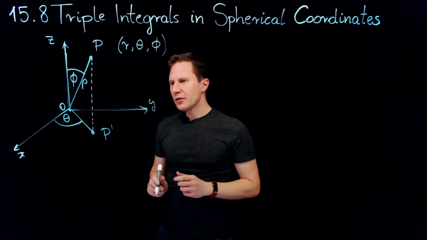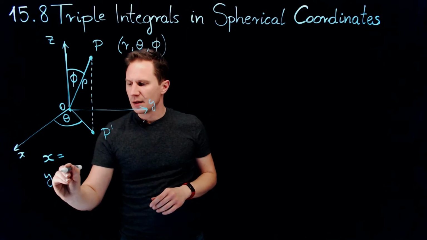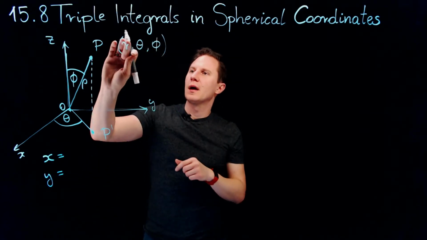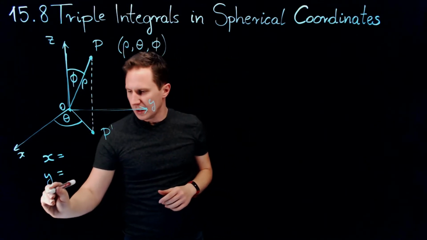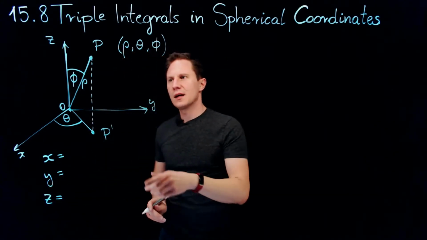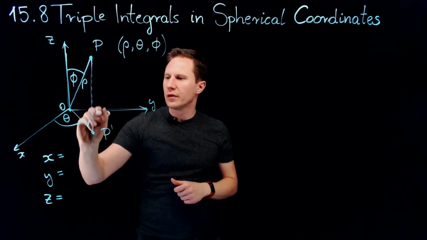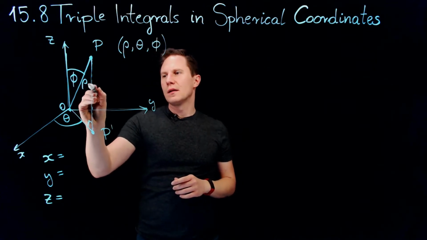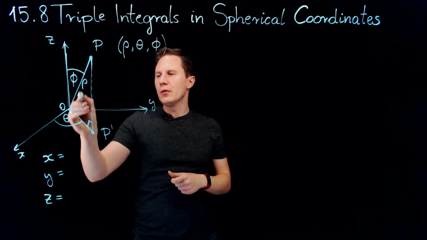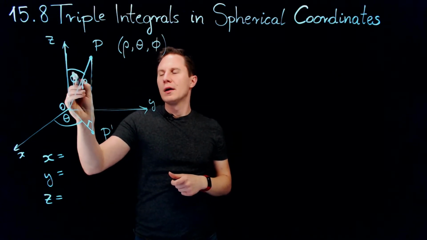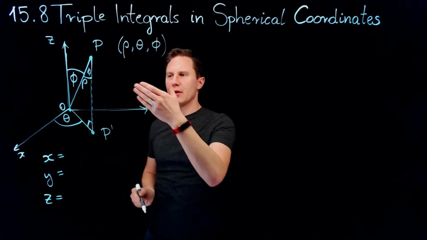So let's just try and come up with the formulas connecting x, y, and z with, sorry, I should have written rho, theta, and phi. So let's start with z perhaps. What's the height of this point? If I know that the distance from the origin is rho, and this angle is phi, then so is this angle, it's the same angle phi.